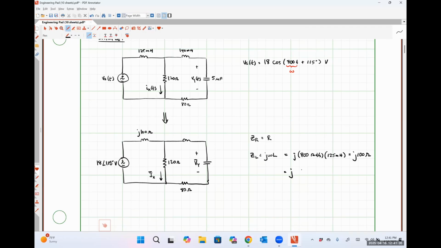And for my second inductor, I'm going to have that same angular frequency of 800 radians per second times 140 millihenries. And that comes to be J112 ohms.